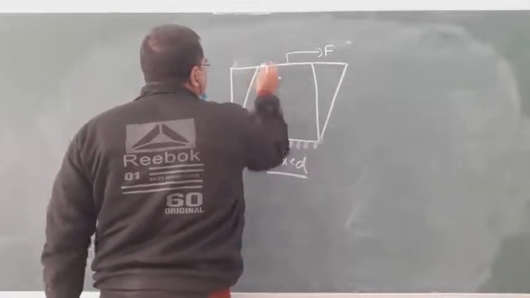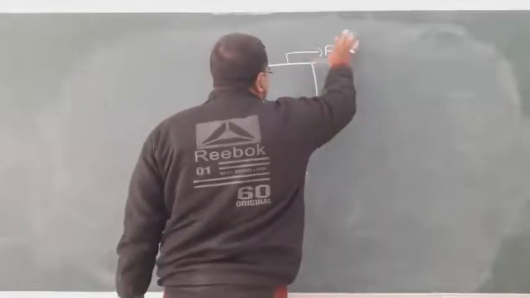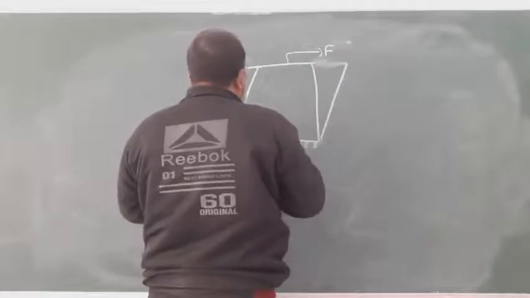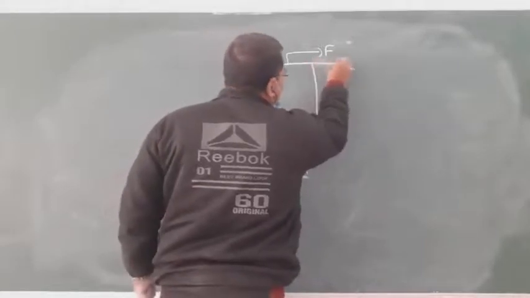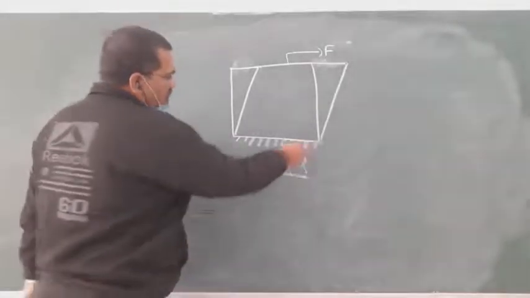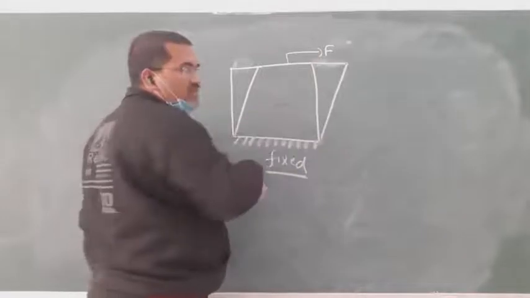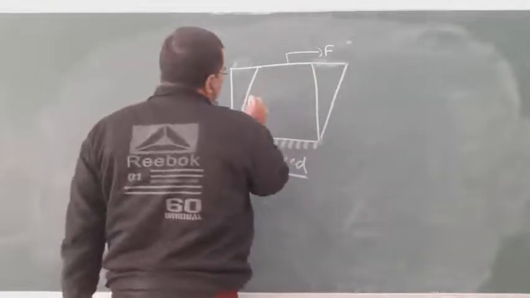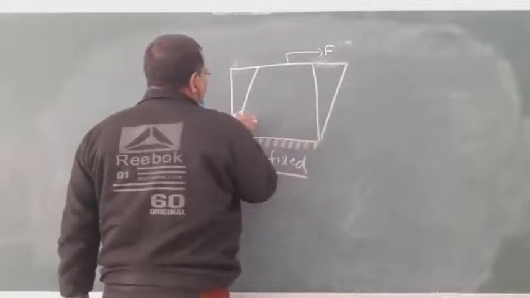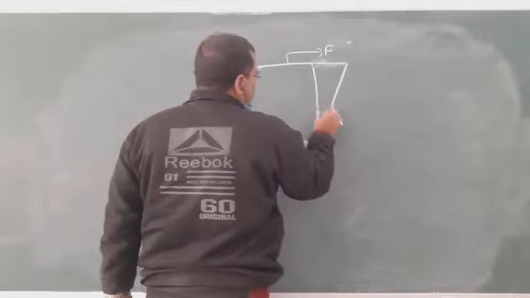This is the lower face. Initial shape of the body is like that. After applying tangential force on the upper face, the shape will change and become like that. Let's say it shears with an angle theta.